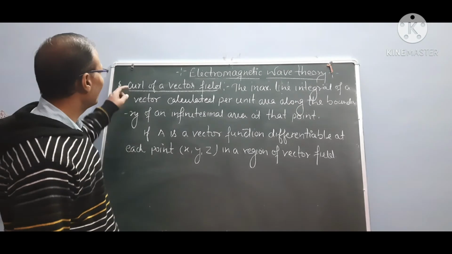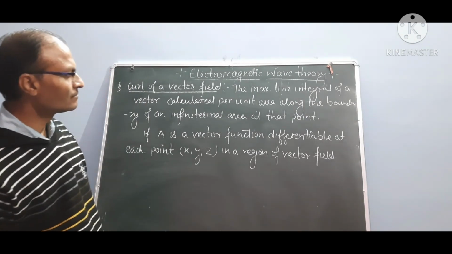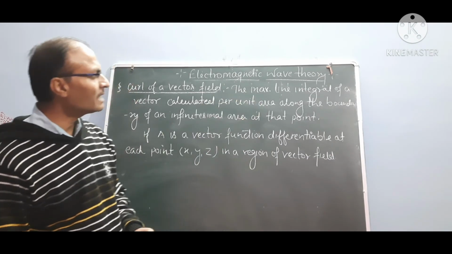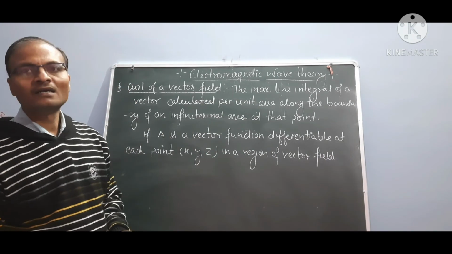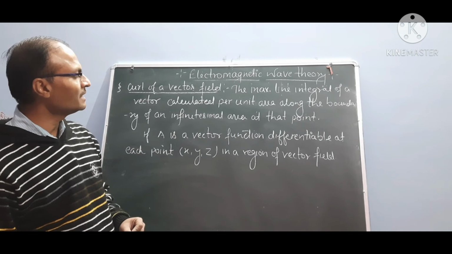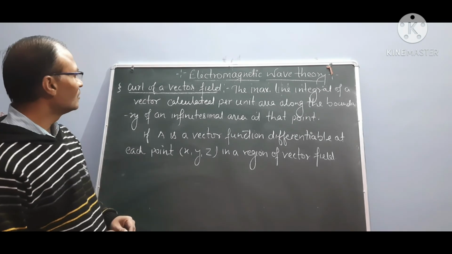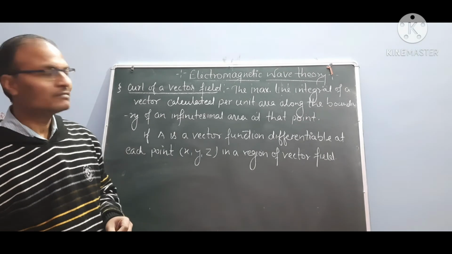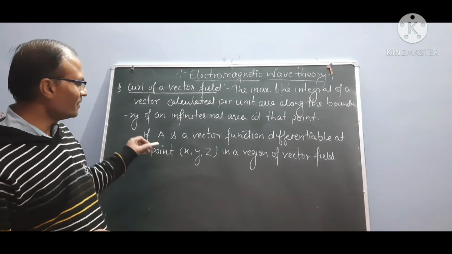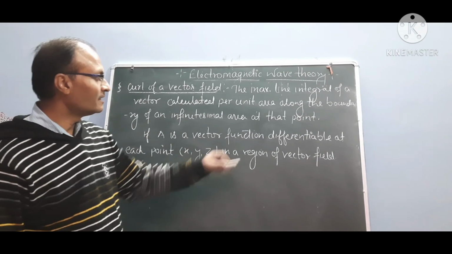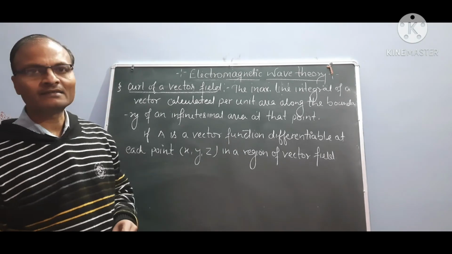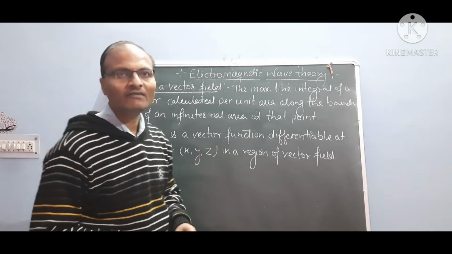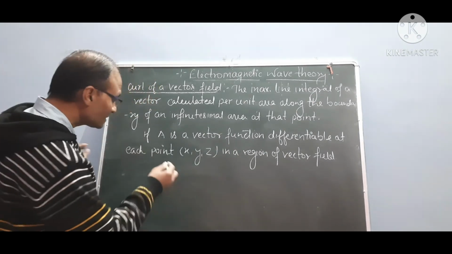For the curl of a vector field, I already discussed the definition: the maximum line integral of a vector calculated per unit area along the boundary of an infinitesimal area at that point. If A is a vector function differentiable at each point, X, Y and Z, in a region of a vector field, what is curl A?